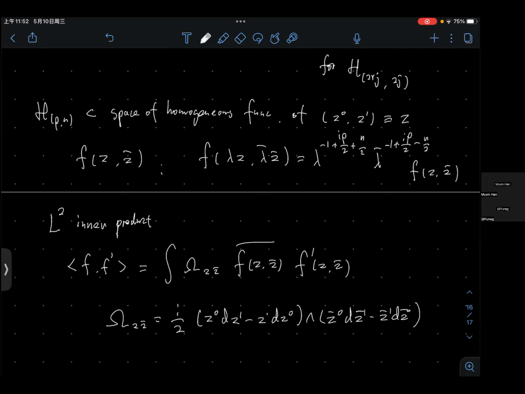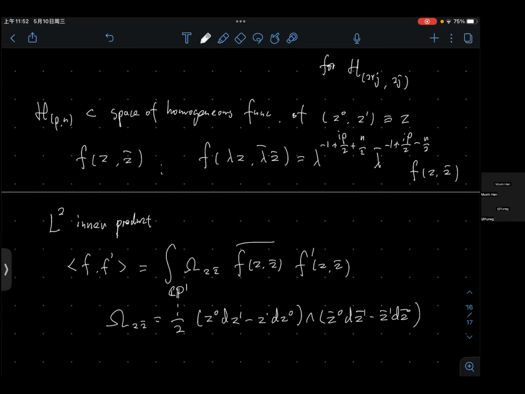If you scale every z by lambda and lambda bar, you can see this quantity is actually scaling invariant. It means that this integral is actually carried out on the projective space CP1. So you can check by yourself that indeed the integrand is scaling invariant, and this integral is actually on CP1. Okay.